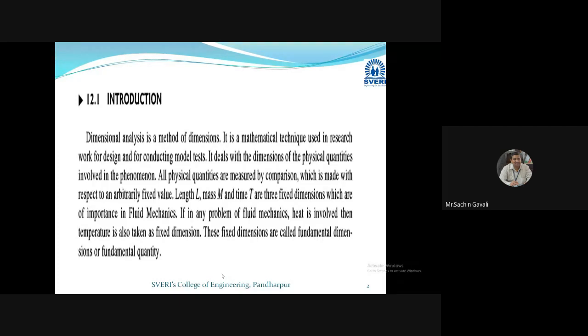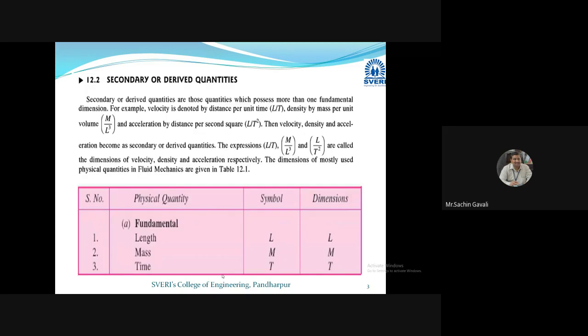We call these fundamental dimensions, and the other dimensions we use, other than length, mass, and time, we call secondary dimensions or derived dimensions. First of all, we should know that dimensions are very important.